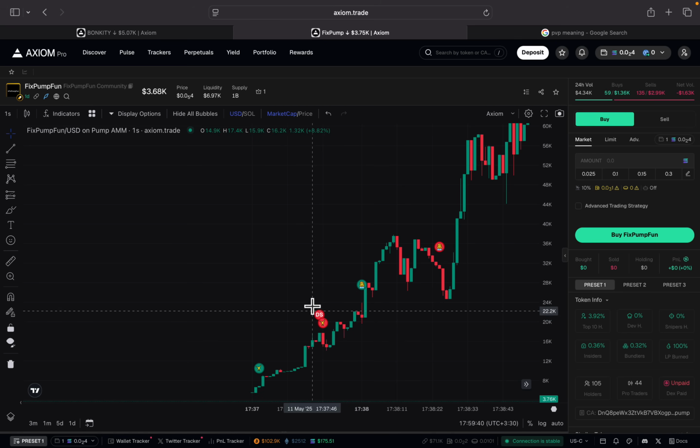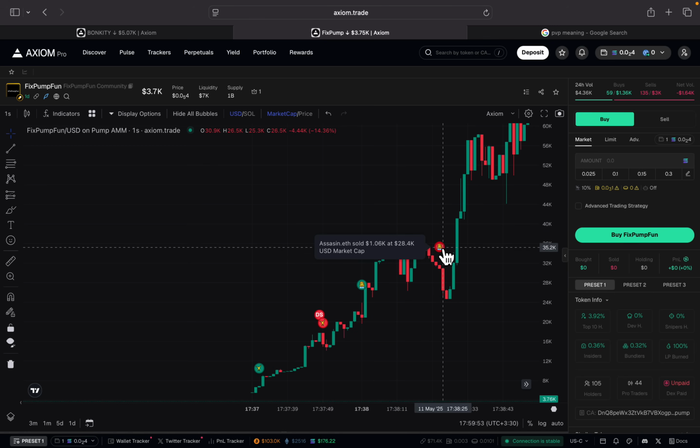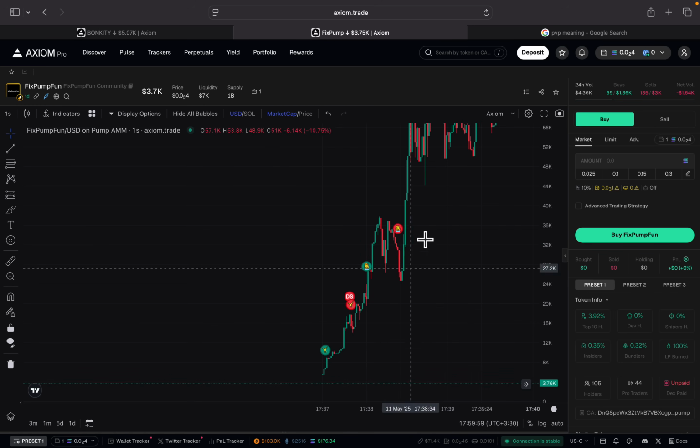And you can see after this sell, token pumped. Another player, another KOL, Assassin, entered this token, and Assassin dumped his bag in here at $35,000 market cap. But after him, other players entered the token. You can see these big pumps.